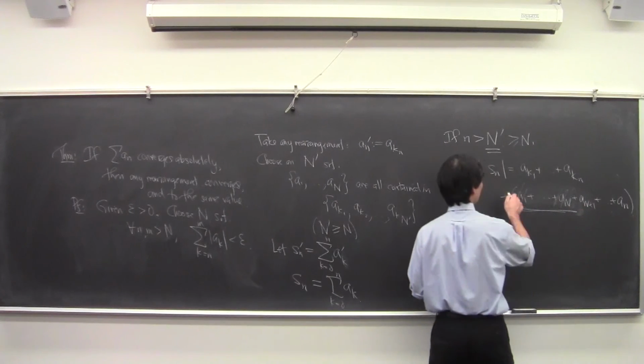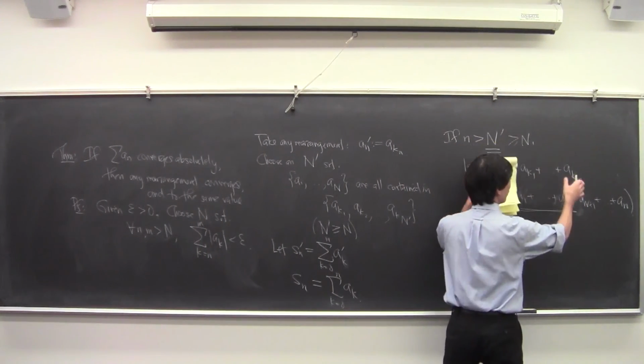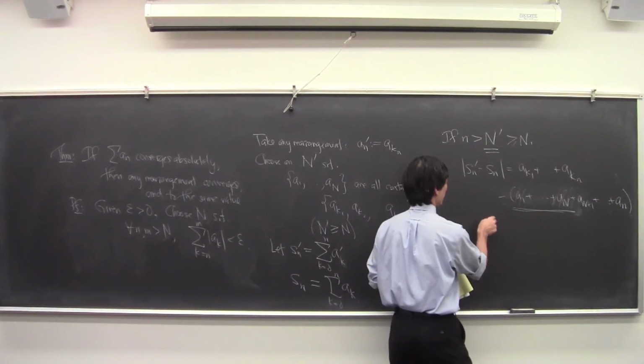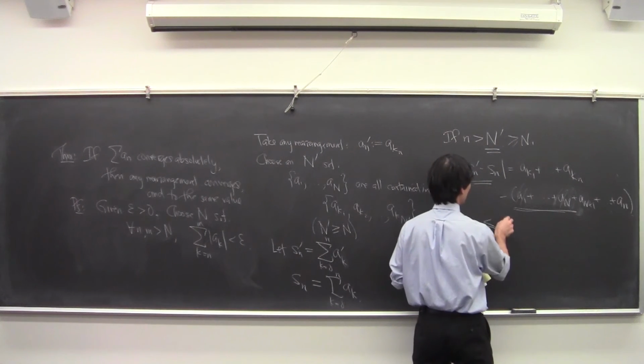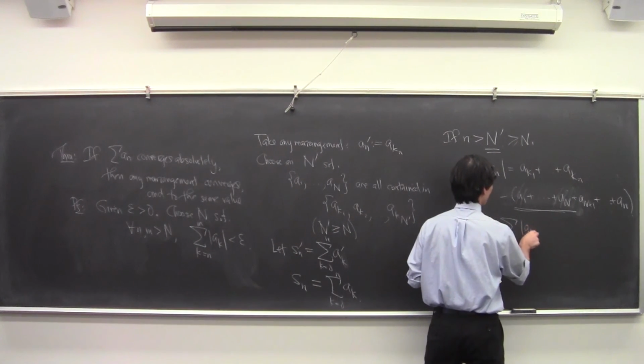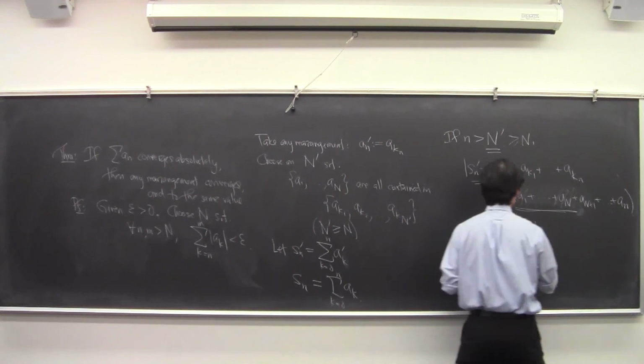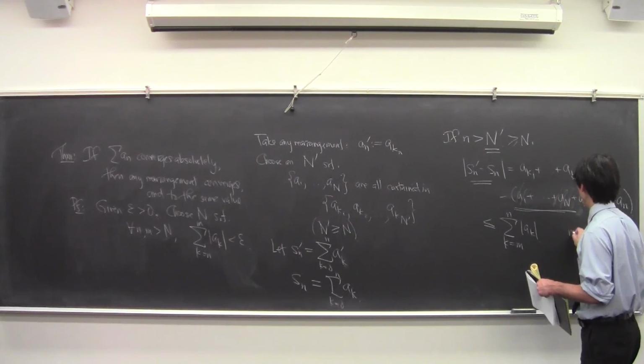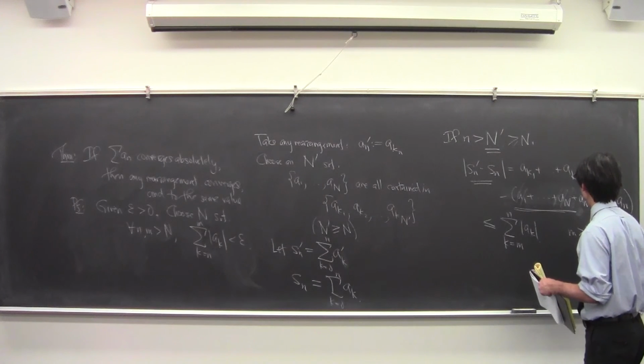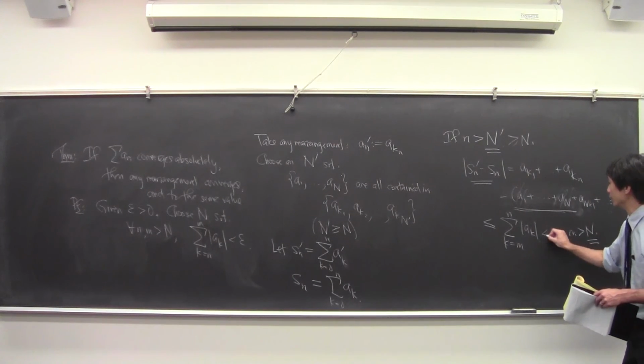So you take the sum of the absolute values of all those guys, and you see that this is going to be smaller than the sum of the absolute values of some a k, where k goes from some m to n, right? But m is bigger than capital N, and so this is less than epsilon.